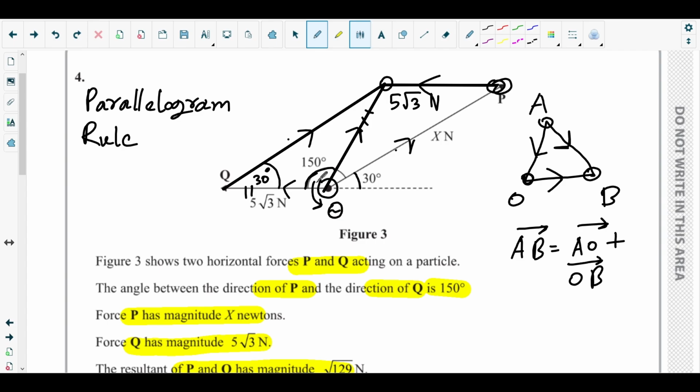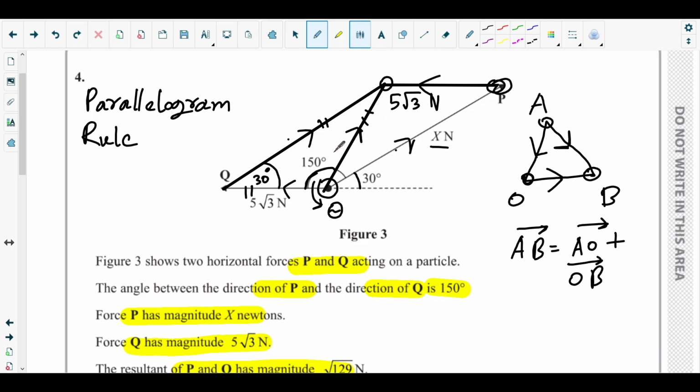So for finding the value of theta, we can use the cosine rule, also the sine rule. But the sine rule would be better because we need to find theta and its opposite side is known to us. This is x, which is 18 Newton. We know the 30-degree angle and its opposite side, which is the resultant, square root of 129.